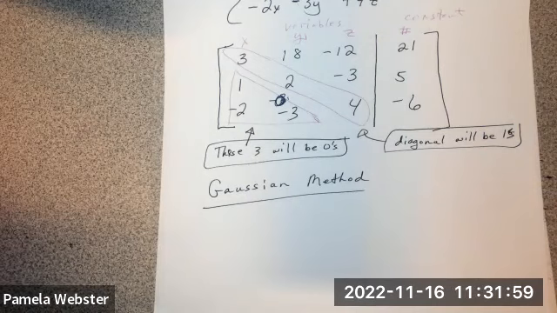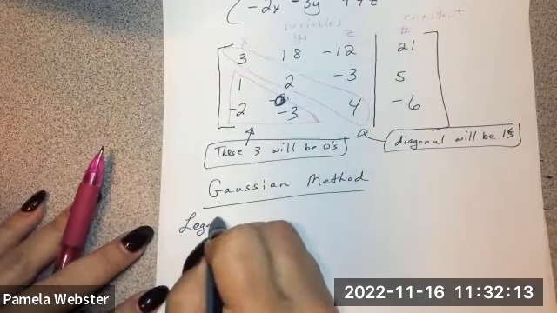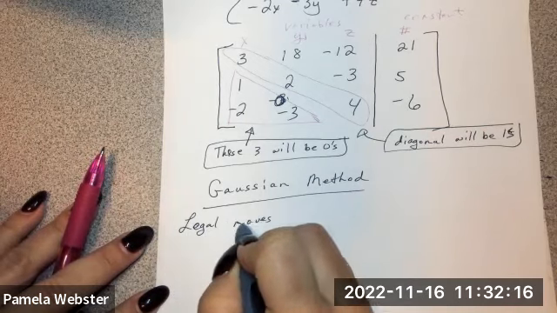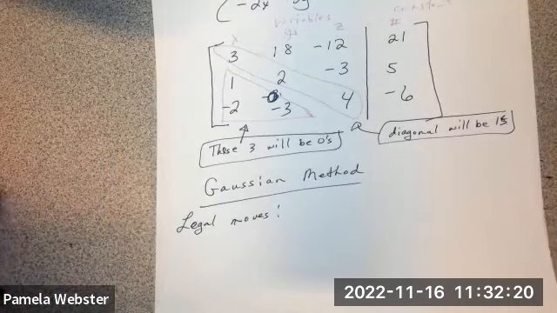Okay, so here are the things that are called row operations. These are the legal moves, so to speak. And the reason they're legal moves is because if I do these moves, it's the same as if I was working with these as equations.